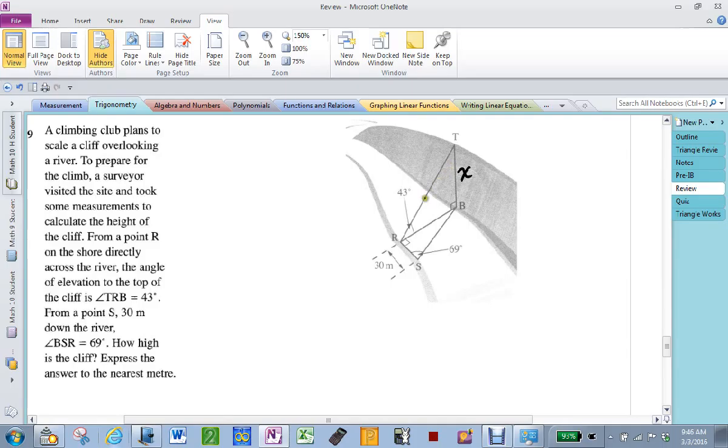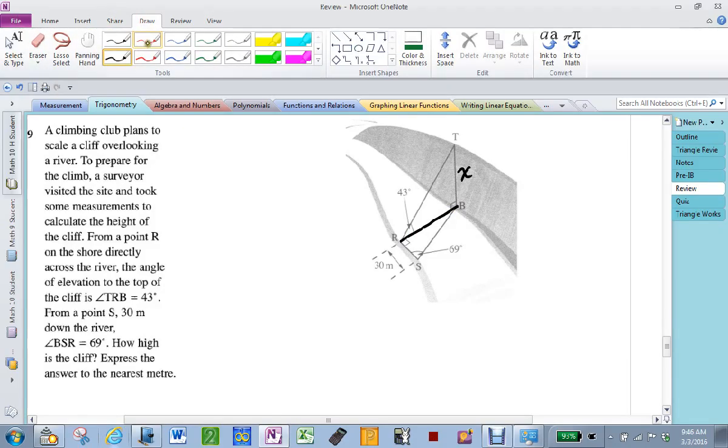What do I have? I got an angle. So I need another side, right? So I got to either find a hypotenuse or this guy. Obviously, I have to find this guy, yes? Because I have an angle and a side. So there's a red triangle.